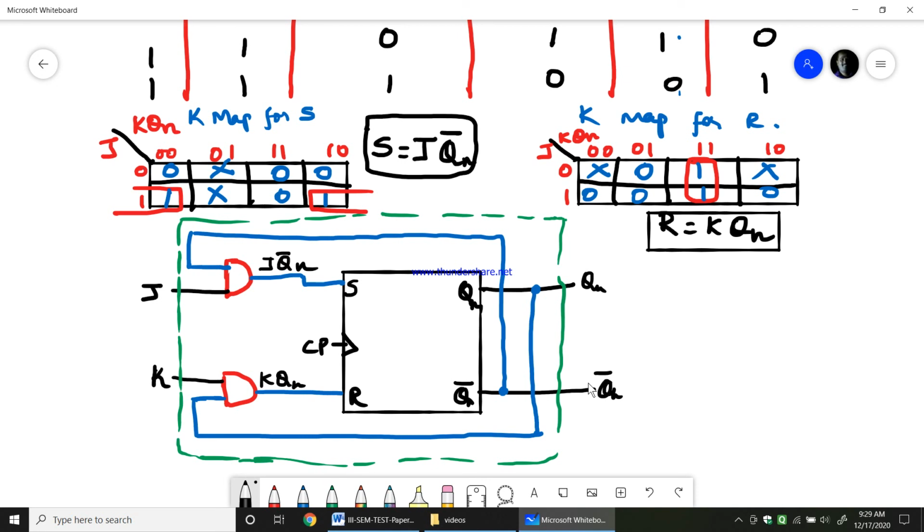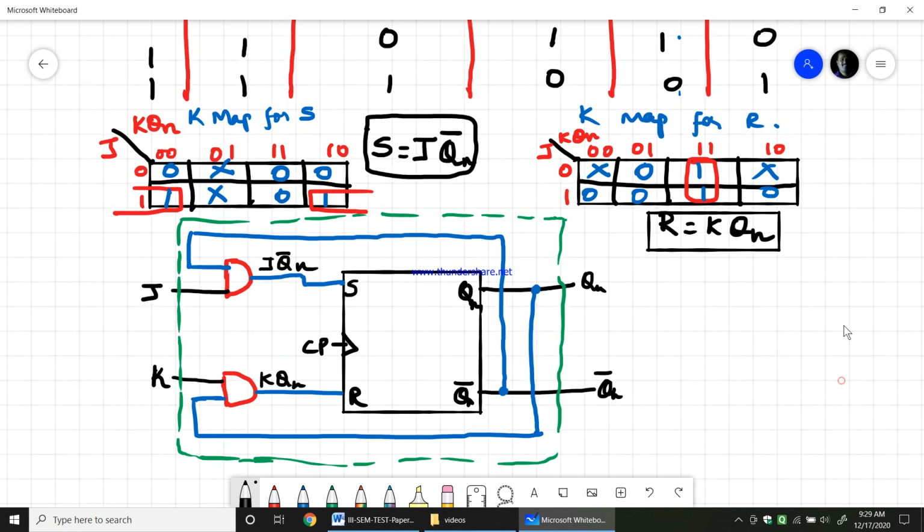Now similarly, we can convert any flip-flop to any flip-flop. So last example, I'll just show you how to convert JK to D flip-flop.